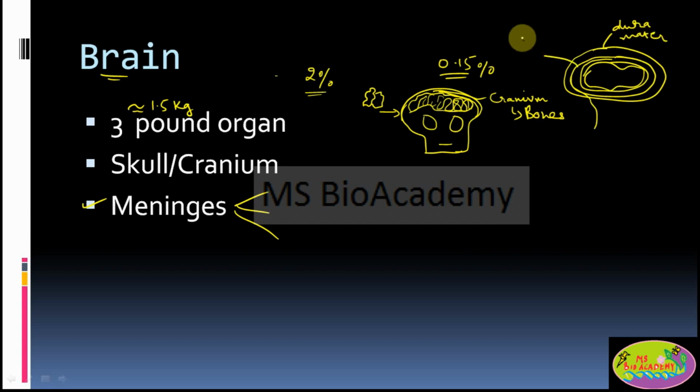The second one is called the arachnoid mater, and the innermost, which directly encircles the brain, is called the pia mater. These 3 important layers are called the meninges, which give extra protection to the brain from any kind of injury.